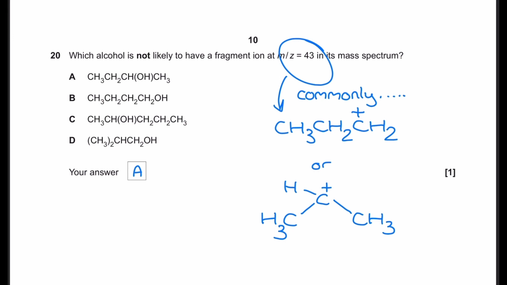I can see this kind of a fragment could be possible here from B. I could also see that this kind of fragment could be possible here from C. And I can also see that this kind of fragment could be possible here from D. But there is absolutely no way that I could have this fragment up here in A because of this bonding towards the right-hand side of the structure. So my correct answer here is A.